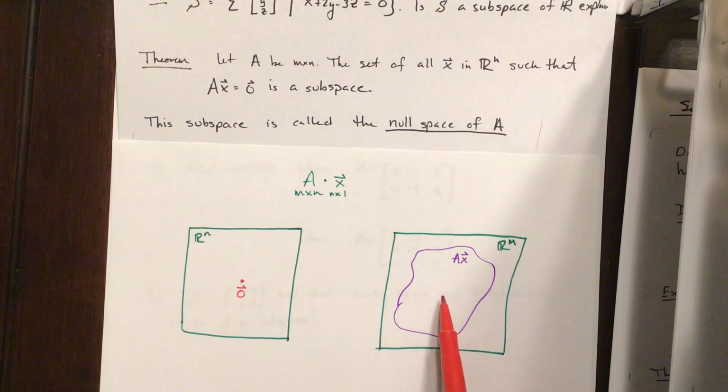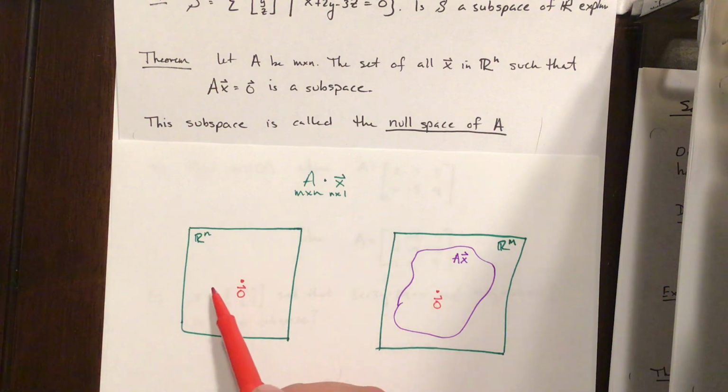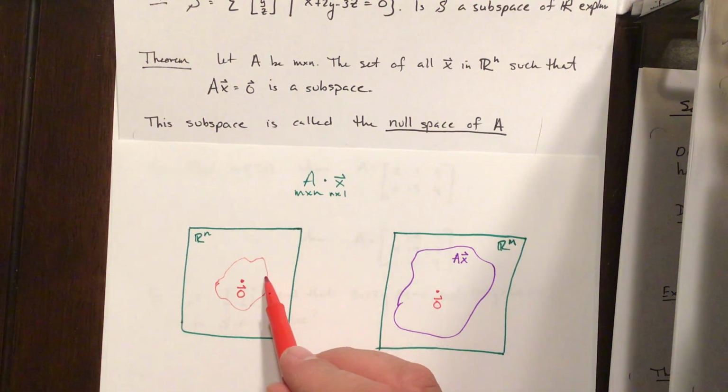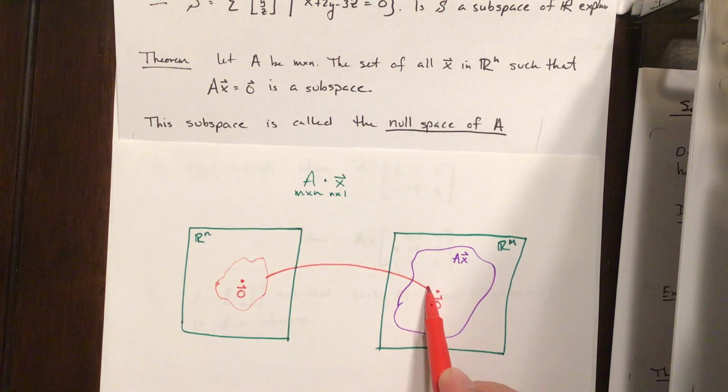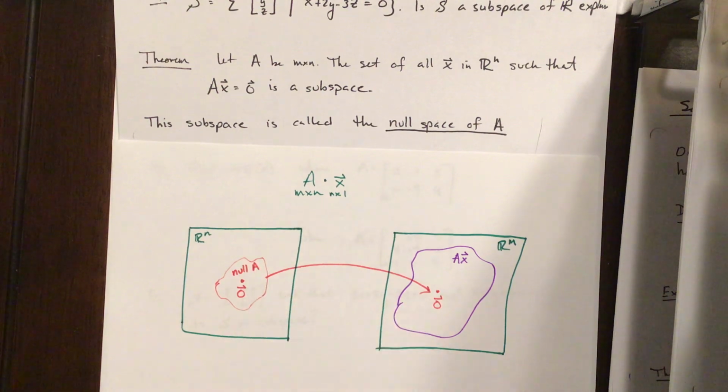So 0 always gets mapped to 0, and that's why it's going to be in the purple circle. But it's not always true that 0 is the only thing that gets mapped to 0. There could be a whole collection of vectors that, when multiplied by the matrix A, get mapped to 0. And this collection is what's called the null space of the matrix A.